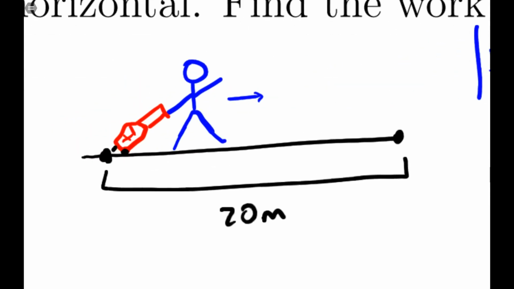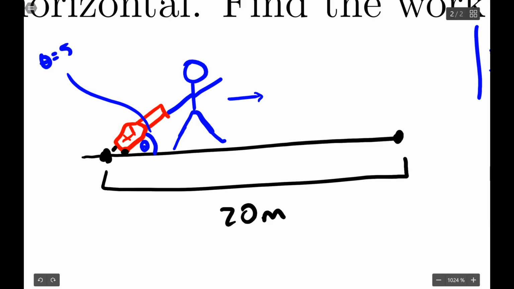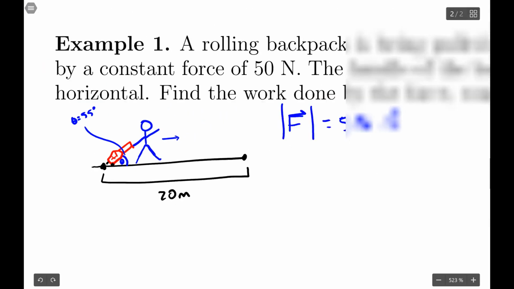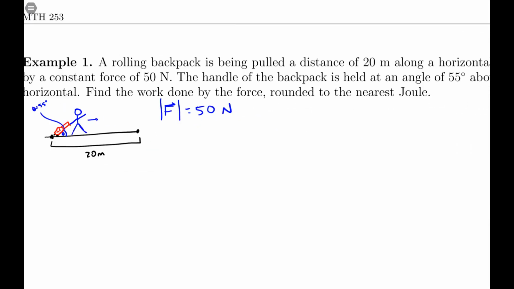So this angle right here, theta, is 55 degrees. Then it says, let's find the work done by the force rounded to the nearest joule.